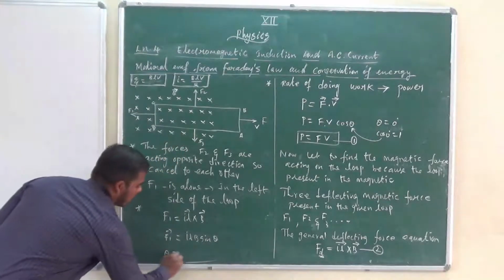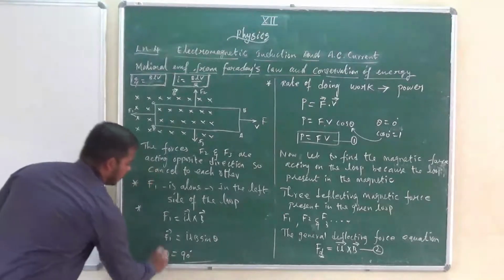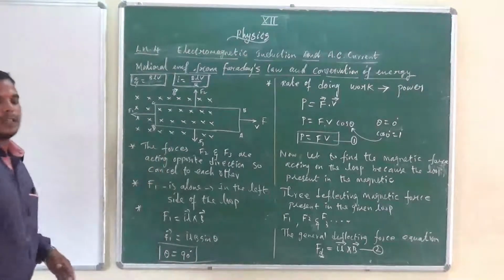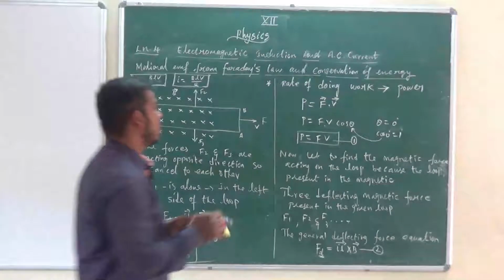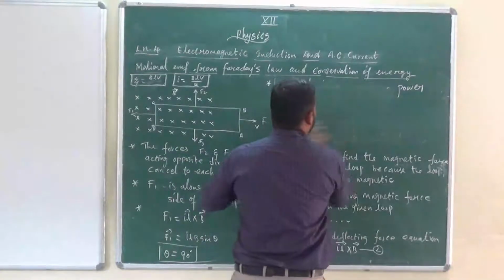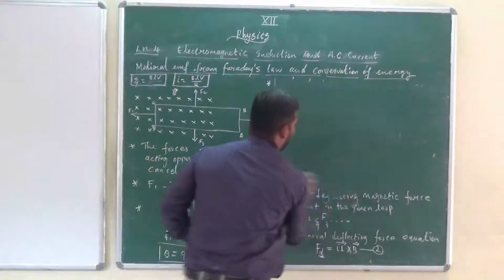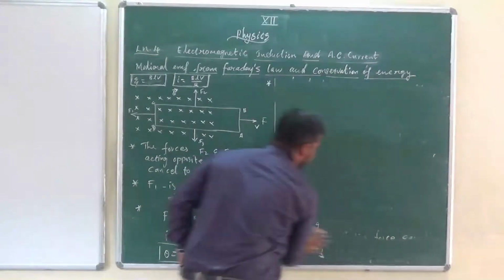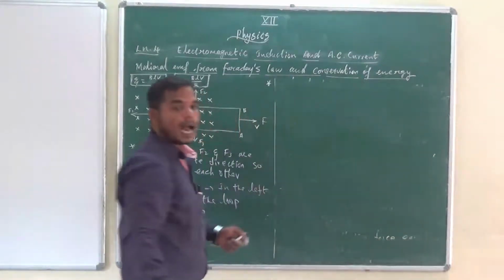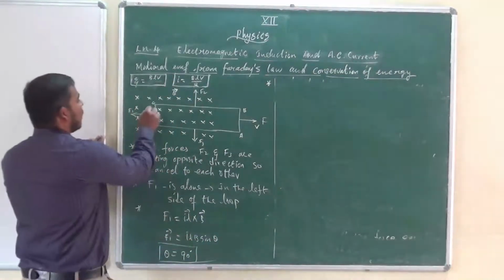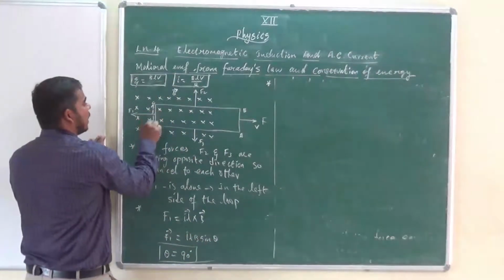Here theta equals 90 degree. Theta is the angle between the direction of the magnetic field and the length of the loop. The length of the loop is represented by L.